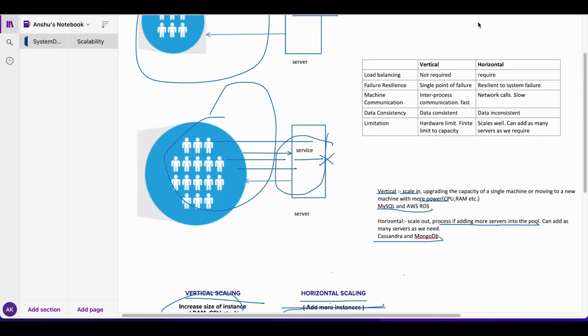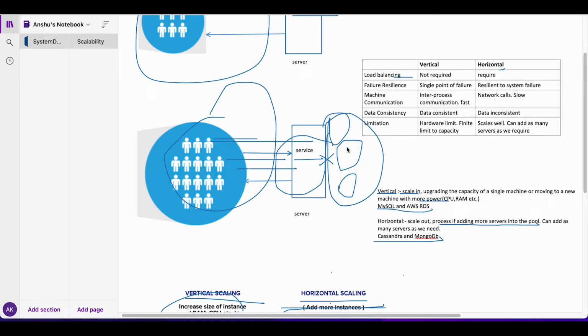Now let's come to the difference between vertical and horizontal scaling based on some points. The first point is load balancing. Whenever we have a huge amount of traffic and some servers to serve it, we need to distribute that traffic, those requests, among these servers.